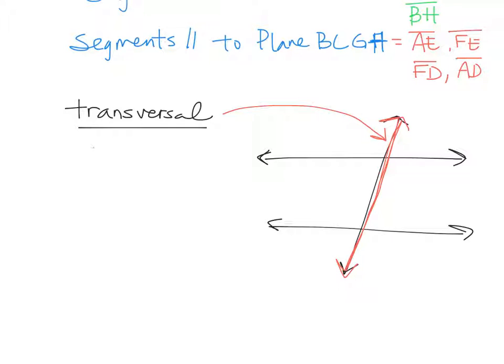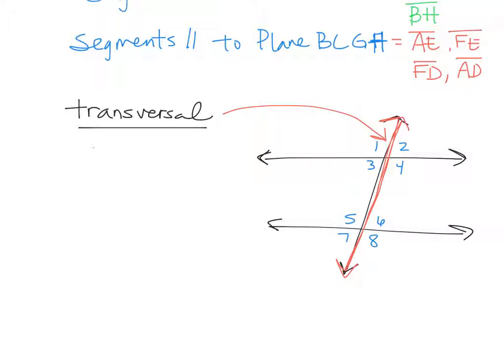With transversals, we're going to create all kinds of different angles, okay? So I'm going to number the angles, and we're going to figure out what we know about them. Okay, let's say we have all these angles. We're going to lighten this up a little bit.